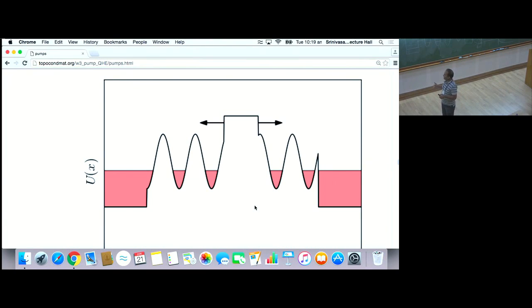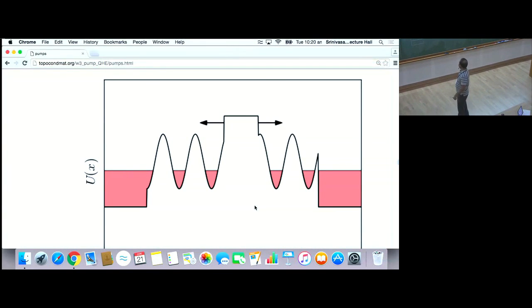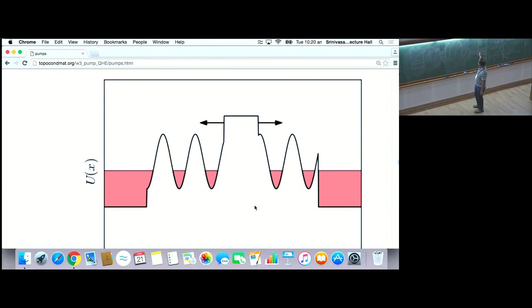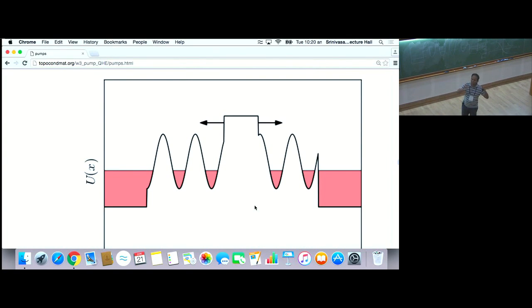And the bottom line is, because I can do this counting and I always get an integer, I'm guaranteed that as long as I did not have levels on the left directly talking to levels on the right, I have an integer number of electrons. So basically, I must have had an integer number of electrons when I started, and an integer number of electrons when I ended, and so the charge transferred must be an integer.